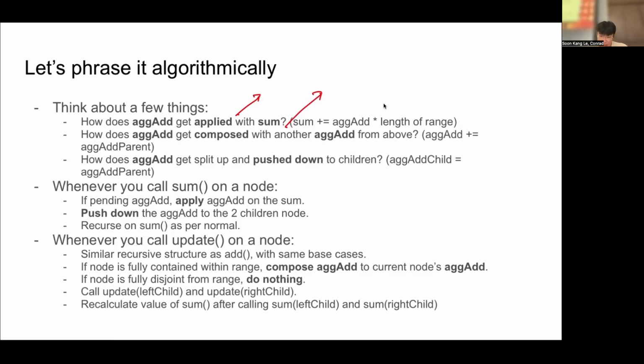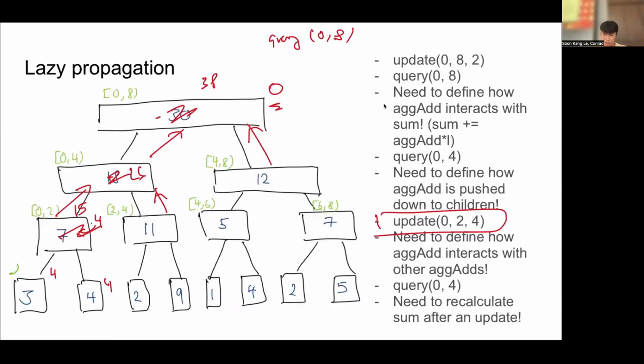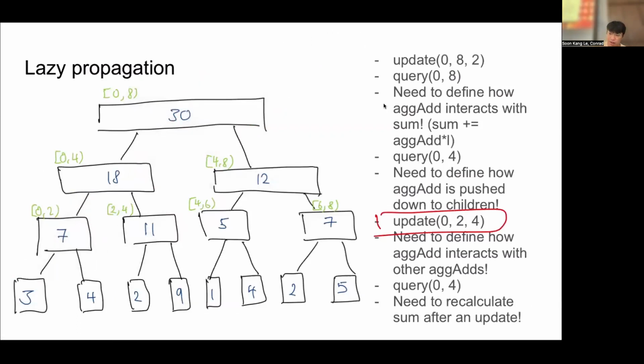Okay, and then now let's think about calling update on a node. Let's say I call update on 2 to 7.